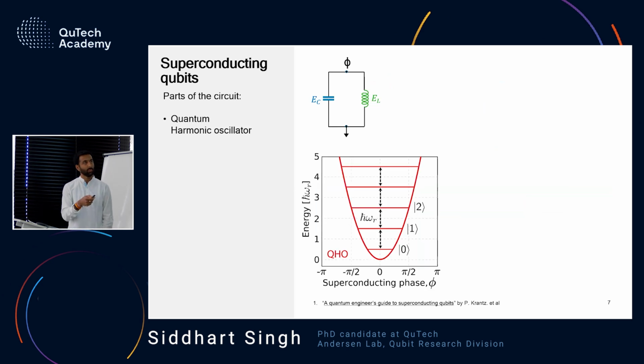When you solve the Hamiltonian, it looks like this, where your energy, in the scale of h omega r, where omega r is the resonance frequency of the circuit, is on the y-axis. On the x-axis, we have the superconducting phase. Your energy levels are separated from each other by a gap of h bar omega r. You can see the energy levels go from 0, 1, 2, and so on. Each energy level is separated by the same amount of energy.